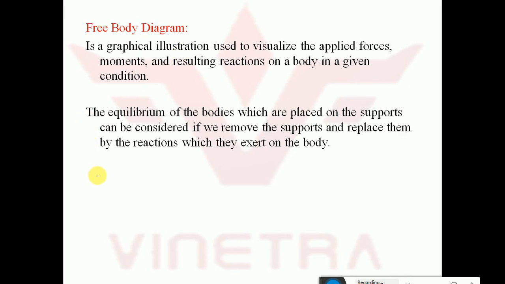For example, let us take here, what is this free body diagram? See here, this body is supported by some force, and here let us take there is a wall, so this is also a support here. In this direction some force is applied here.